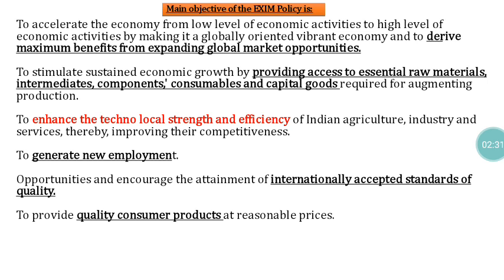Apart from meeting our domestic demands, we need to produce excess quantity, and only then can we go for export. Once this is possible, this growth and development automatically pave the way for the creation of new employment opportunities. With that angle, the EXIM policy was formulated. These are the objectives.